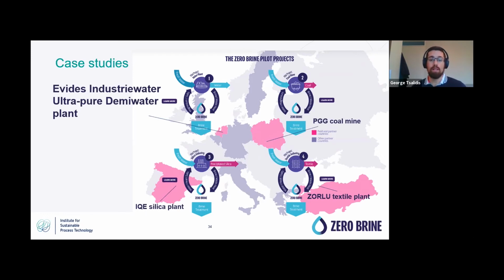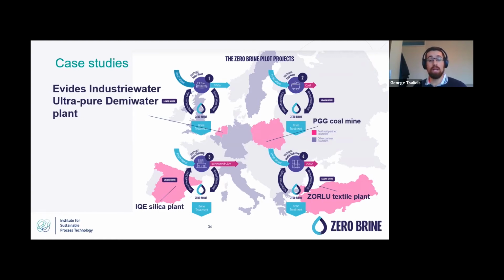And then finally, the Dutch case study, where Evides Industriewater is producing ultra-pure demineralized water for the nearby industry. And in this case, high purity salt is purchased and transported from the northern part of the Netherlands.